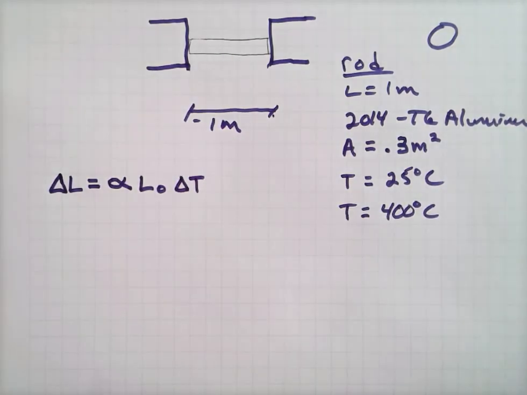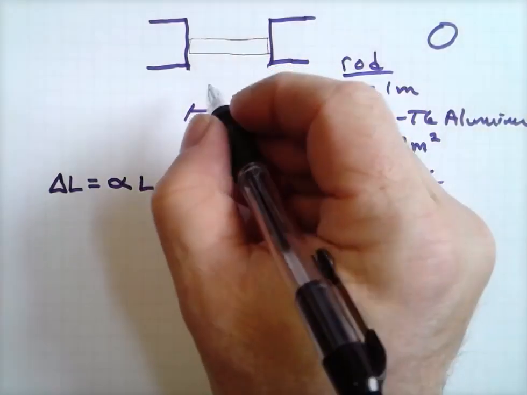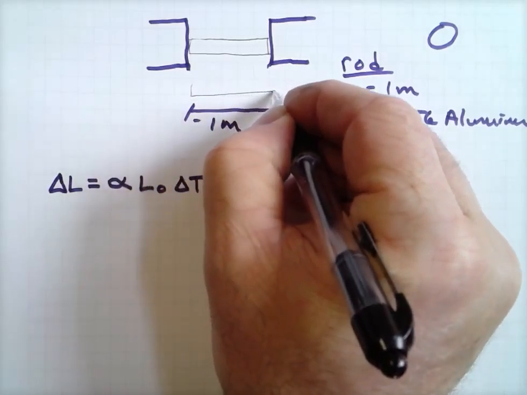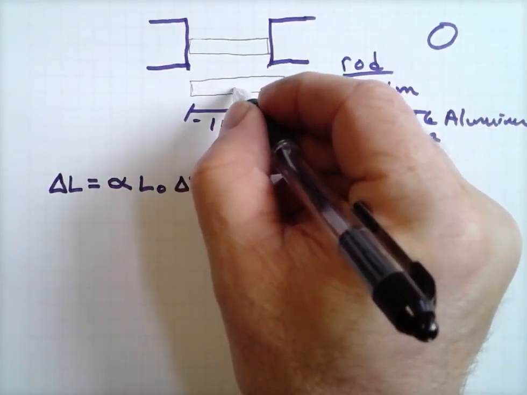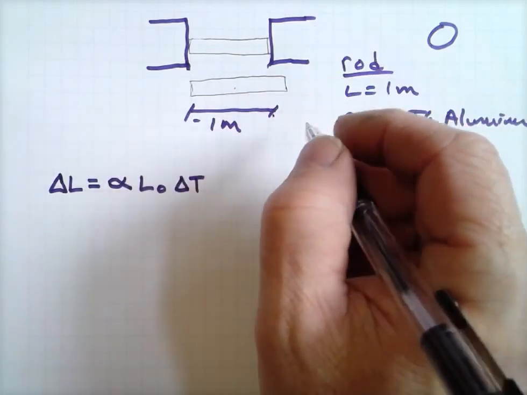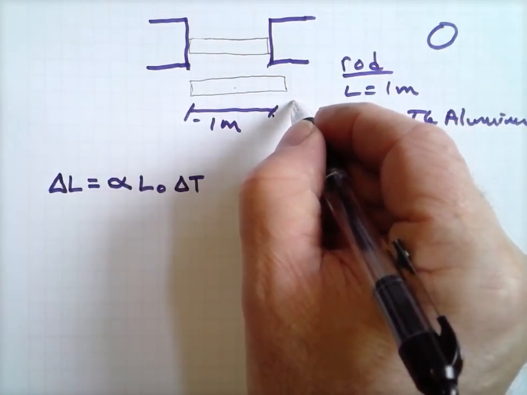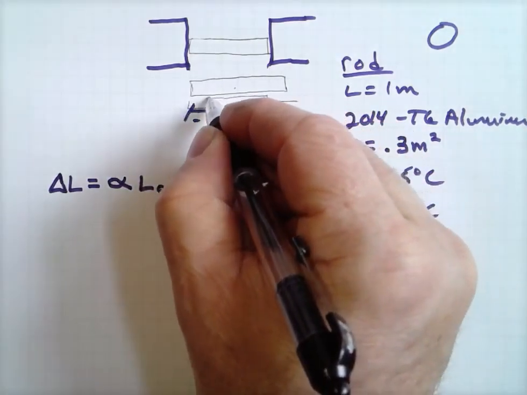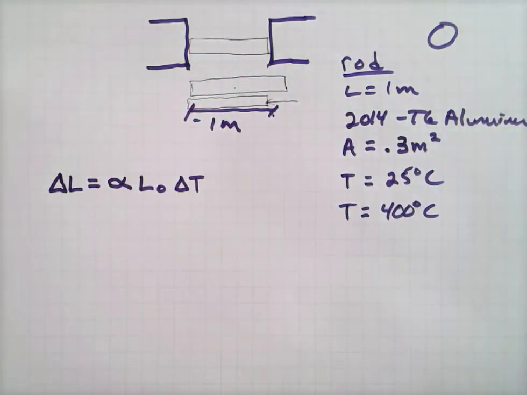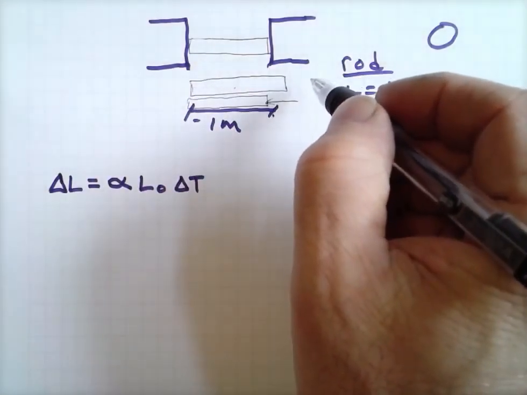So two things are going to happen to this rod. When we heat it up, it is going to want to expand to some new length, and the immovable wall is going to compress it back down to its original length, and that happens simultaneously. It doesn't really expand, it just wants to.